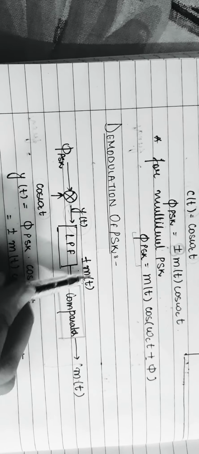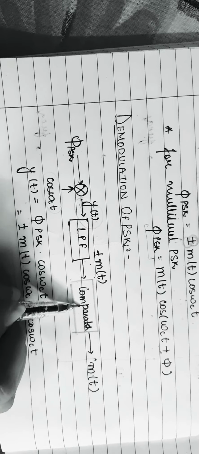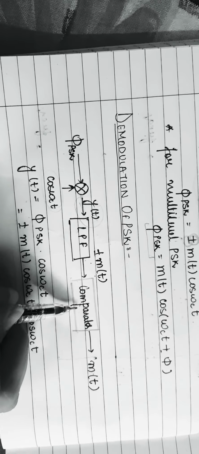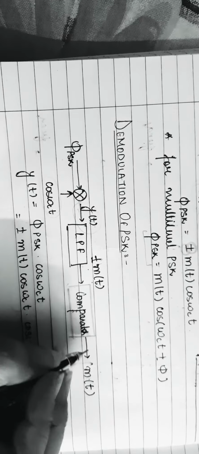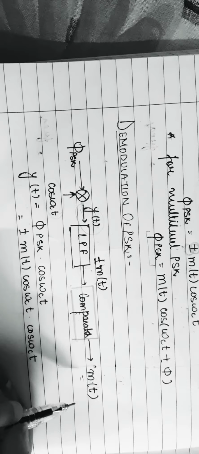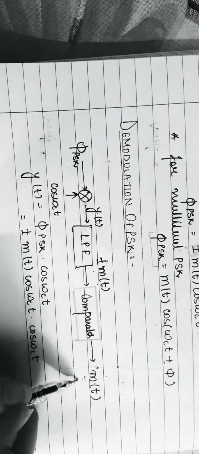This plus minus m(t) will get compared by the comparator. Here the comparator is basically used to compare: the plus sign represents digital data 1 and the negative sign represents digital data 0, and we will get the original message signal. So our recovered message signal will be received.